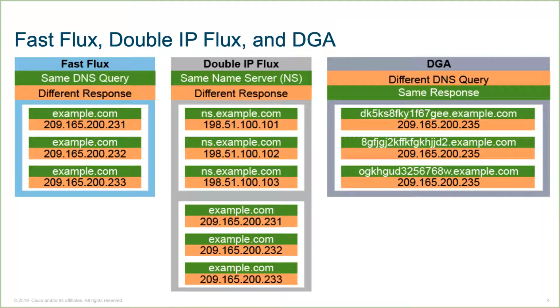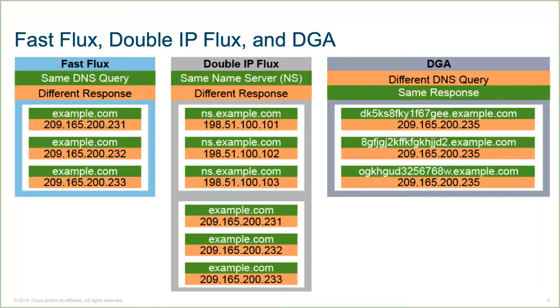Continuing our conversation with various types of DNS style attacks, we have fast flux, double IP flux, and DGA. Keep in mind as we're reviewing this, the word flux is meant to indicate fluctuation or changes.